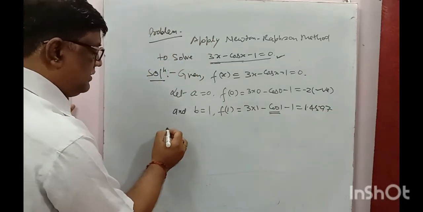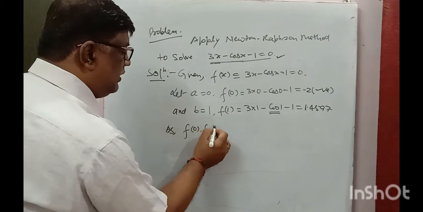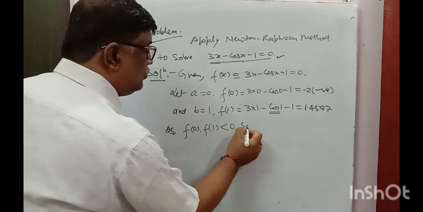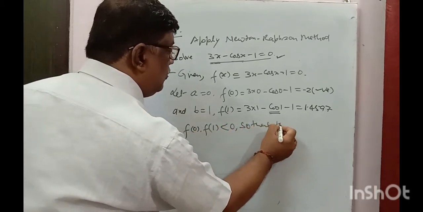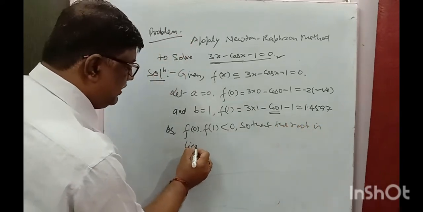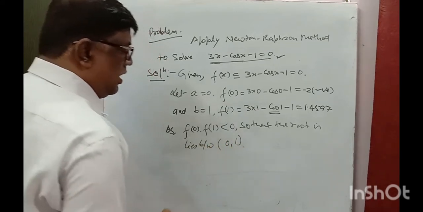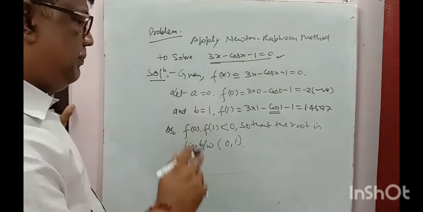Here as f(0) times f(1) is less than 0, the root lies between 0 and 1.